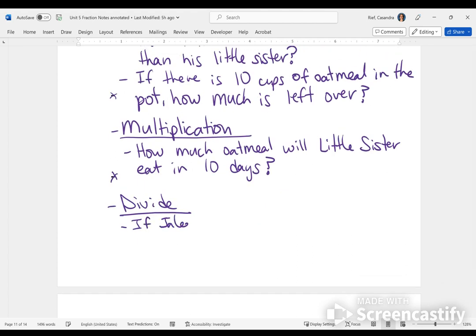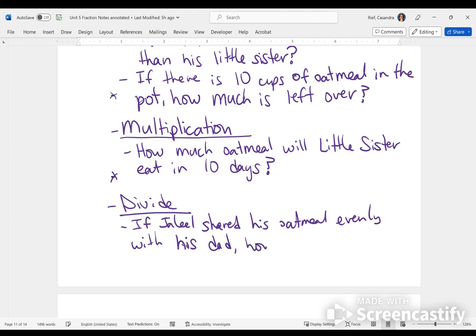If Jaleel shared his oatmeal evenly with his dad, how much would they each get? Because in that one, he'd be splitting it up.